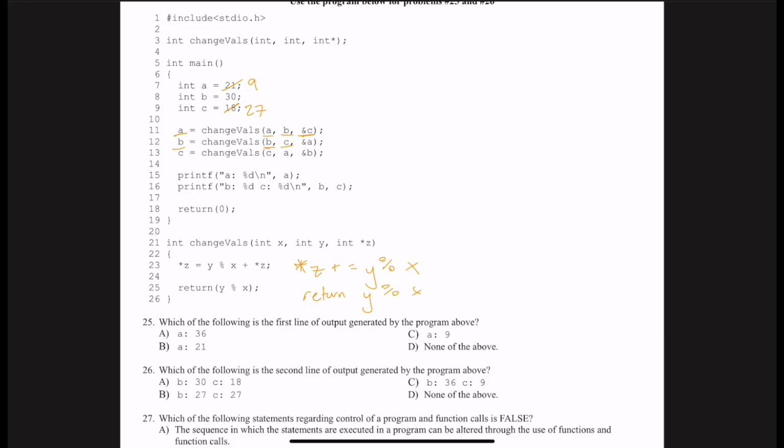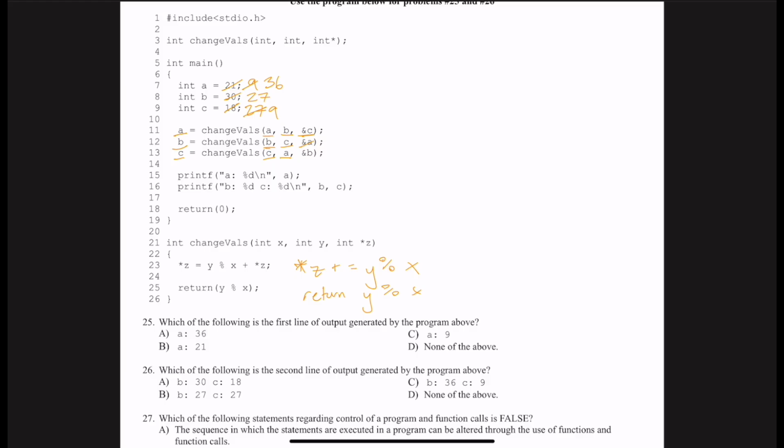So it's going to be the new value of b. We're going to increase a by that amount. Finally, we have a mod c, 36 mod 27 is going to be 9. That's going to be the new value of c.